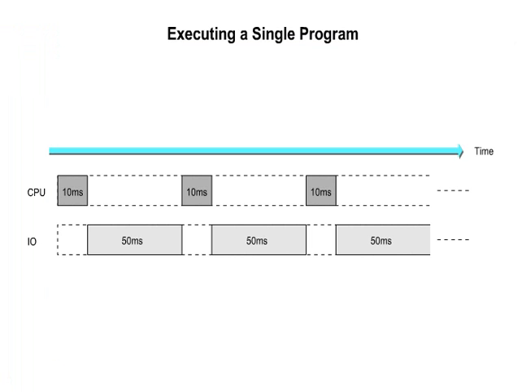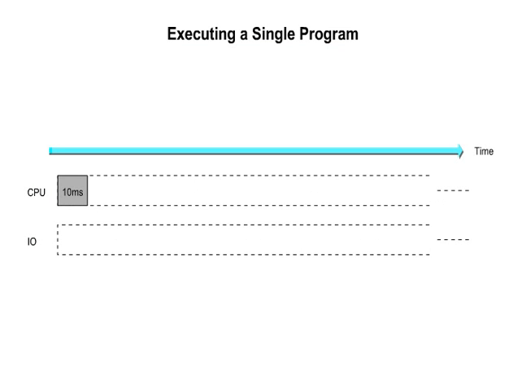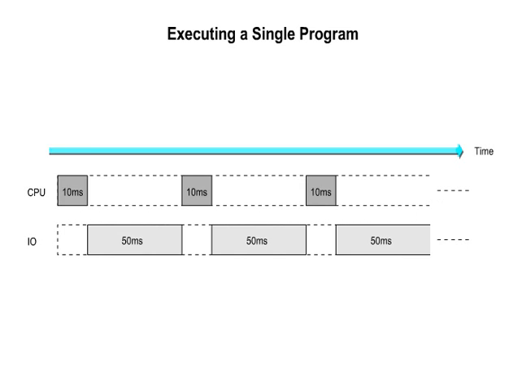Let us think about a single program being executed by the CPU. If the program instructions are executed by the CPU in 10 milliseconds and the input-output operation takes 50 milliseconds, the time for the CPU and input-output operation would be as shown in the illustration.